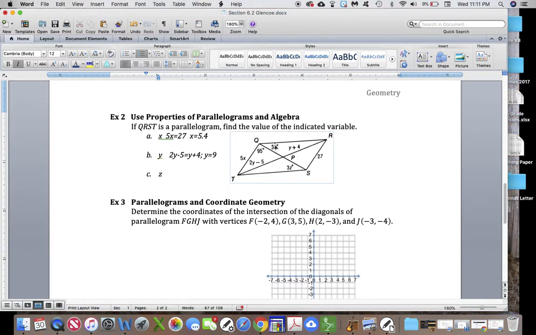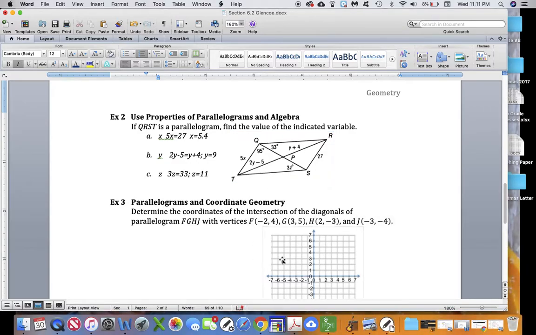Also, if you look at these big triangles here, those two triangles are going to be congruent, and these angles are the ones that correspond to each other. So 3z has to be the same as 33, which makes z equal to 11.